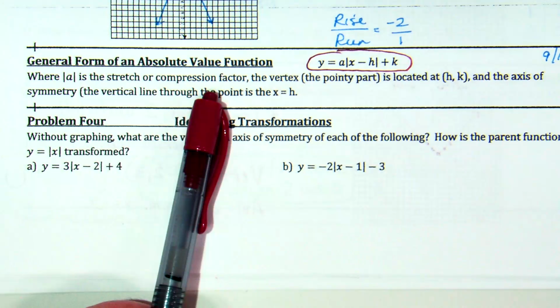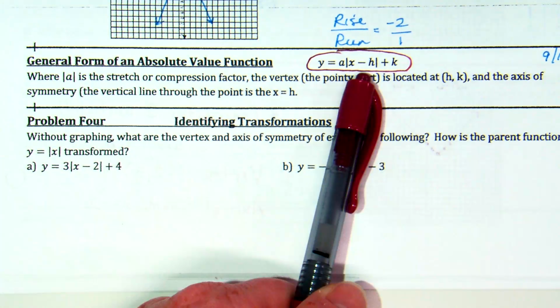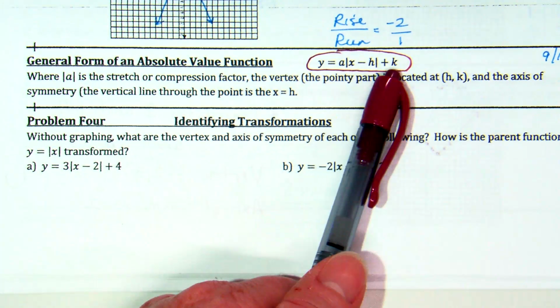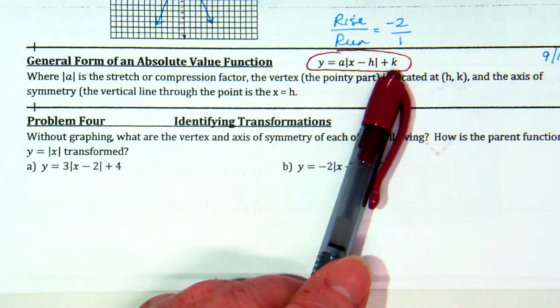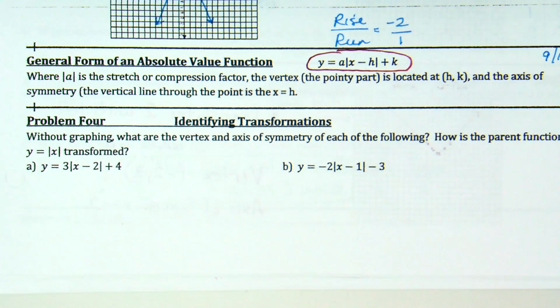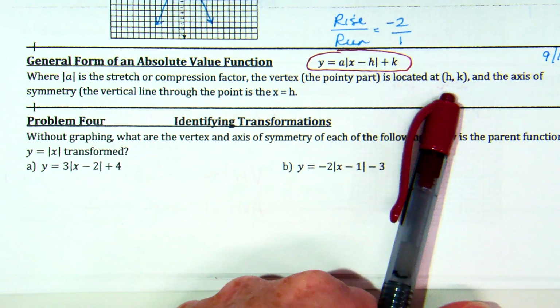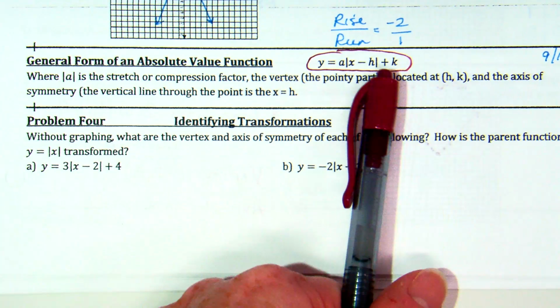What's this minus h going to do? It's going to move it left or right. What's this plus k going to do? Up or down, depending on the number, right? So, the vertex, we talked about vertex yesterday, right? That point of the V. That vertex is going to be represented by h, comma, k.